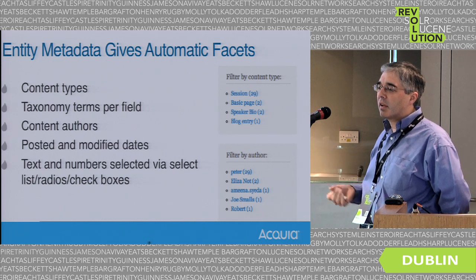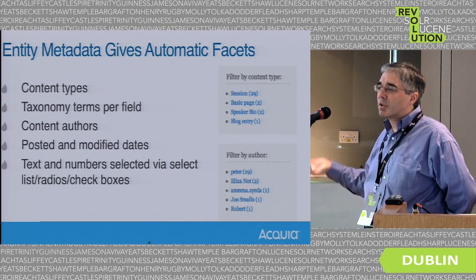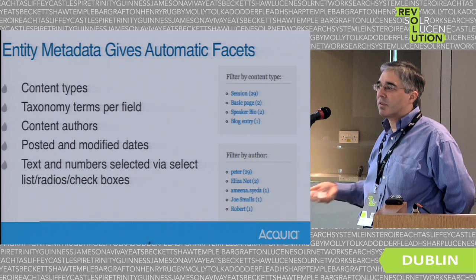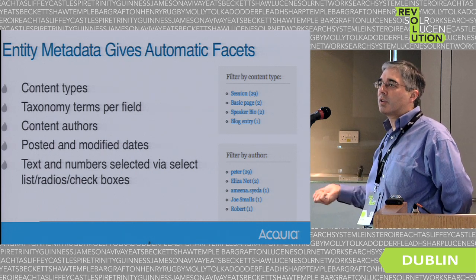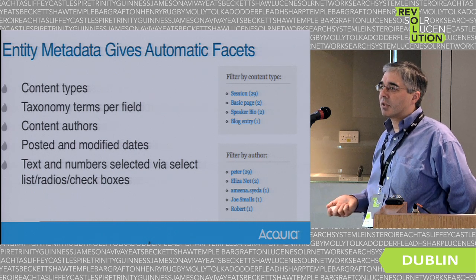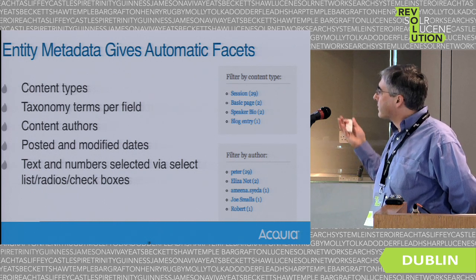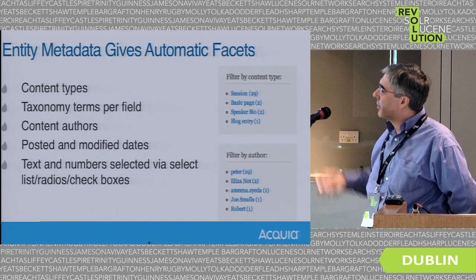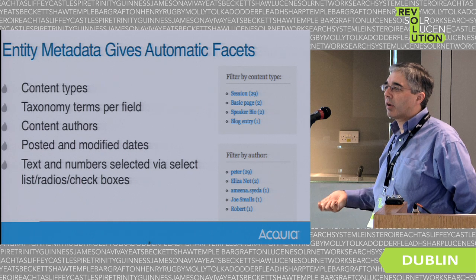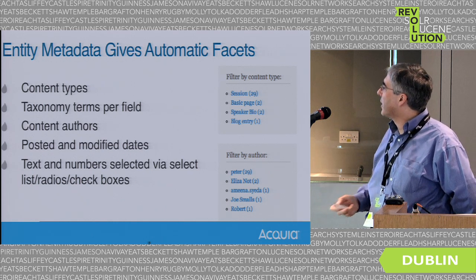And if you post data that is suitable for faceting, things like lists of numbers, lists of text, values that you might pick in a select box, we'll make those automatically available for you as facets also. So again, you get these nice blocks where you can filter down by author or content type, just by enabling them in the UI. You don't have to code them. You don't even have to think about what's going on behind the scenes.